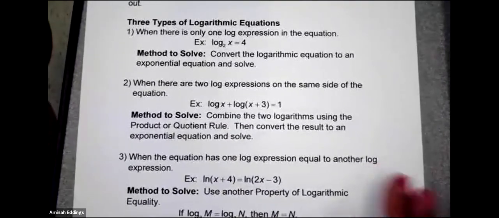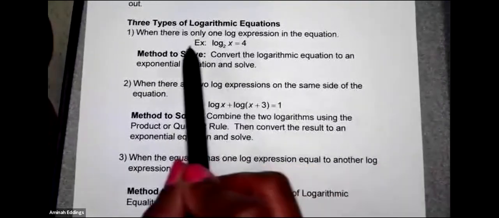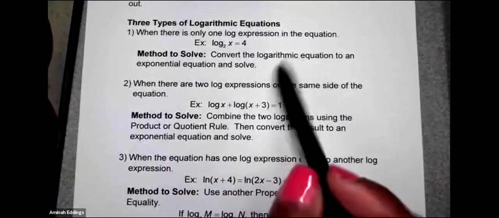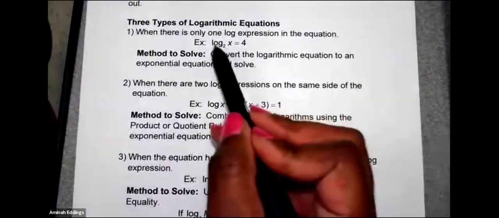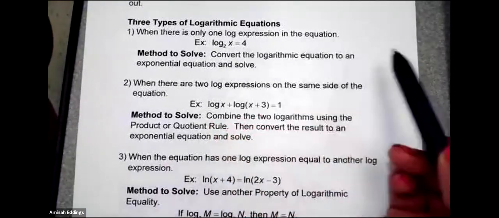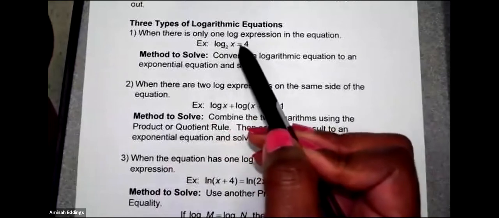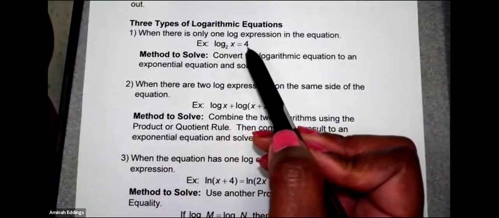So we have 3 types of logarithmic equations. The first type is when we have one log in our equation. Log base 2 of x equals 4. This is really simple to solve.